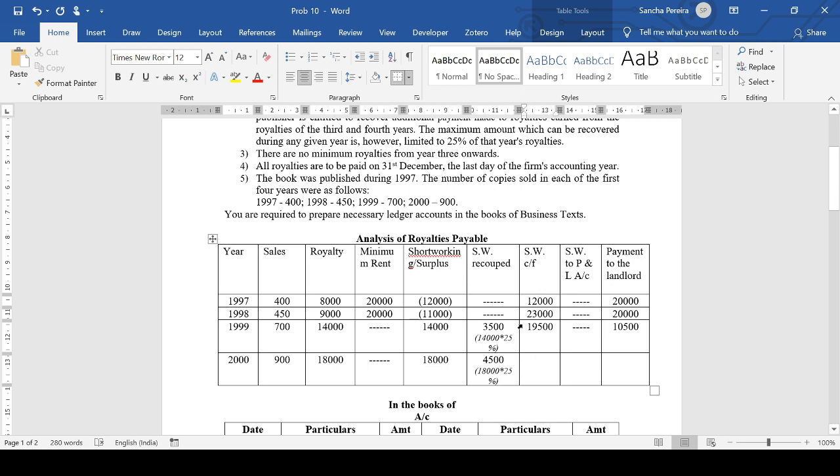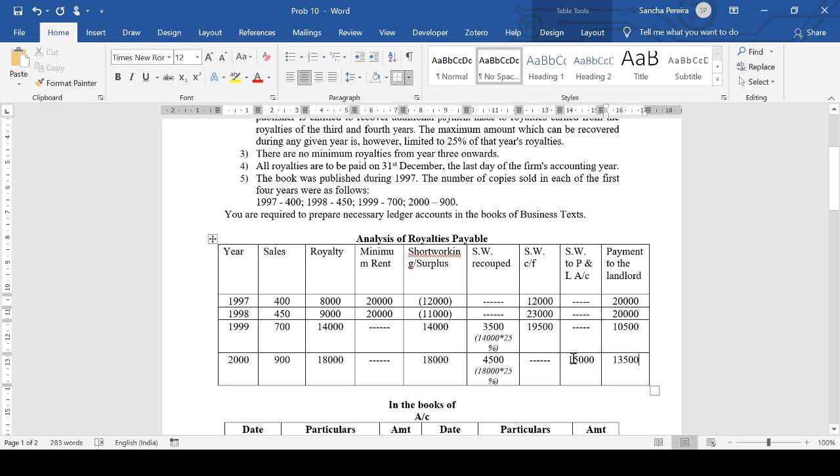We have recovered 3,500 here, 4,500 here. So the balance we are going to transfer to the P&L account. Now out of 19,500 we have managed to recover 4,500. So how much we have not managed to recover and are going to transfer to the P&L account is 15,000. The actual royalties were 18,000, but out of 18,000, 4,500 were used for recoupment. So that leaves us with a payment of 13,500.